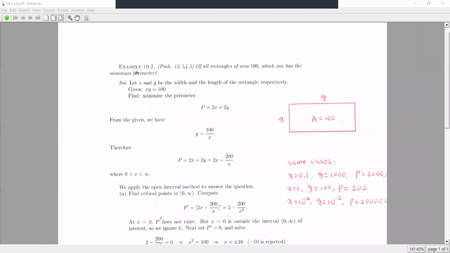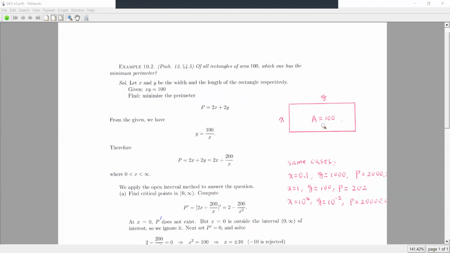The second example. Of all rectangles of area 100, which one has the minimum perimeter? Here I draw the rectangle. I let x be the width of the rectangle and y be the length of the rectangle. The area of the rectangle is 100.